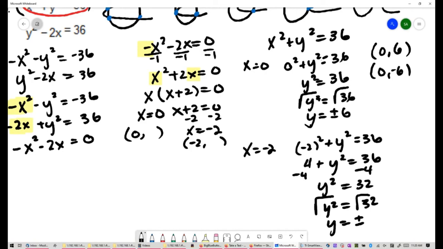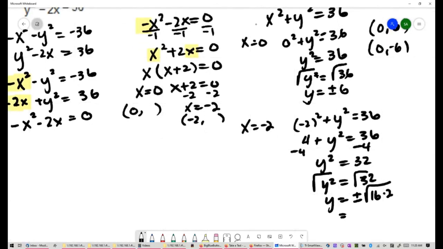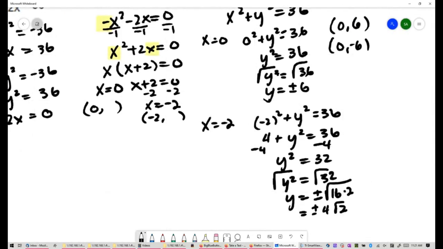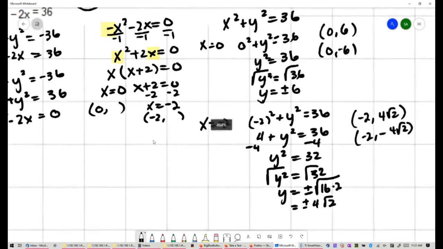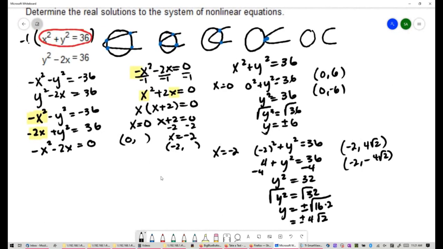And I can simplify this radical. 32 would be 16 times 2. So the square root of 16 is 4. I have plus and minus 4 square root of 2 as my y coordinates. And that would give me ordered pairs of negative 2, comma 4 square root of 2 and negative 2, comma negative 4 square root of 2. So this has 4 solutions to that system of nonlinear equations.